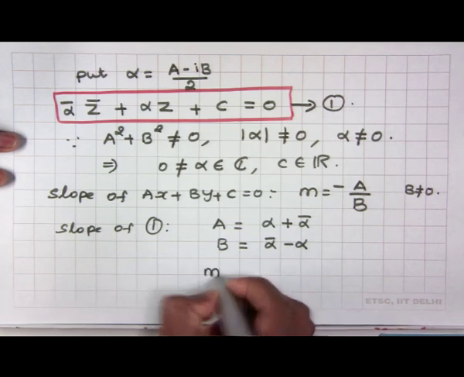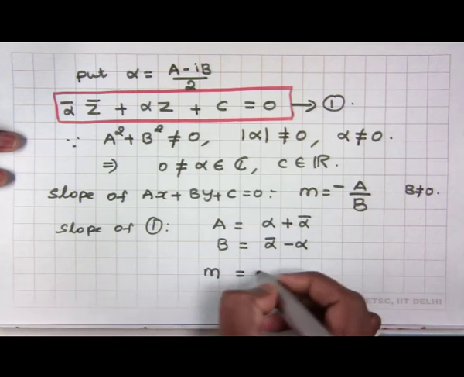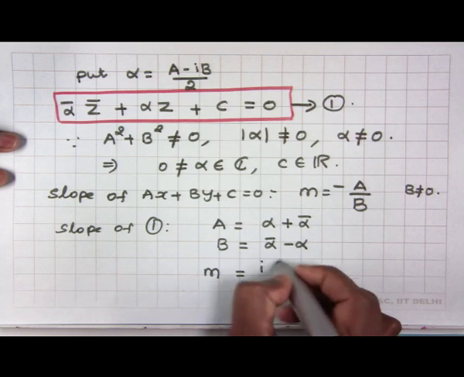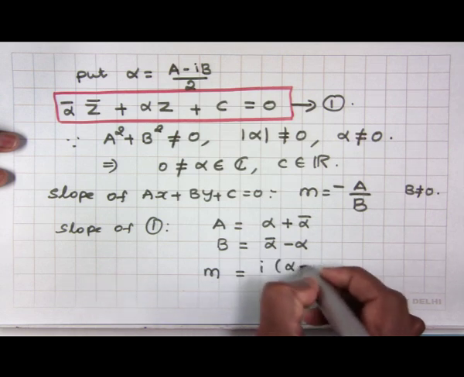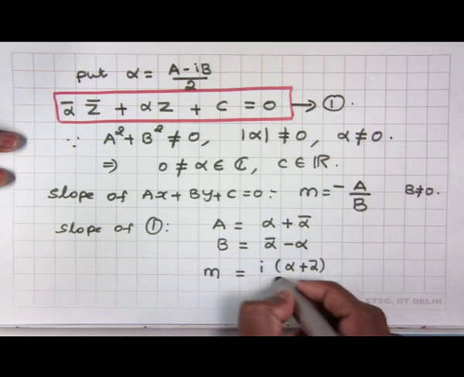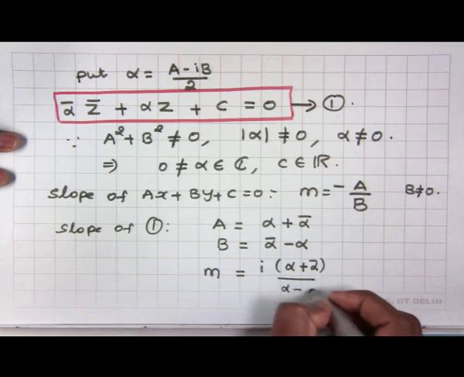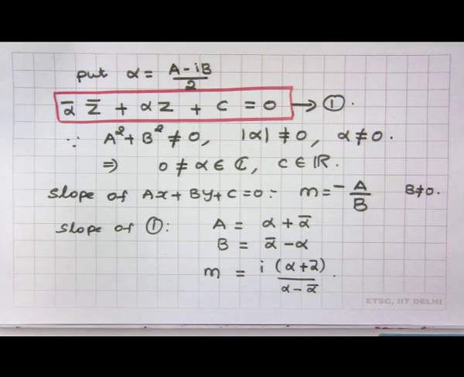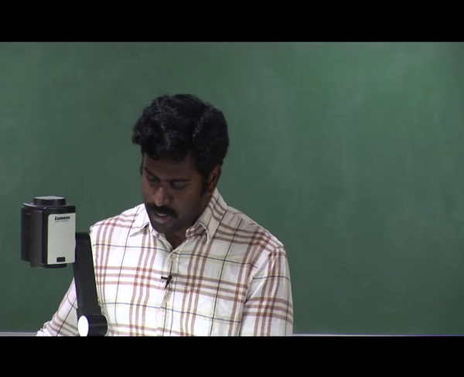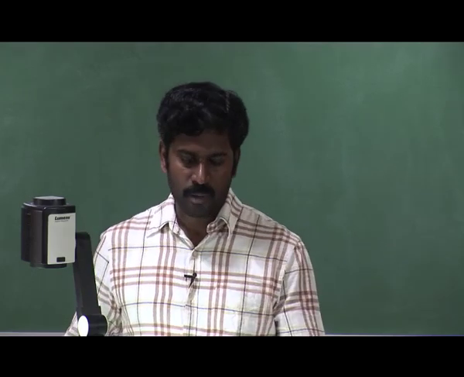From this we see that the slope m is given by i times (alpha plus alpha bar) divided by (alpha minus alpha bar).